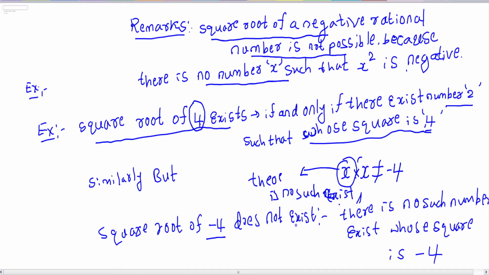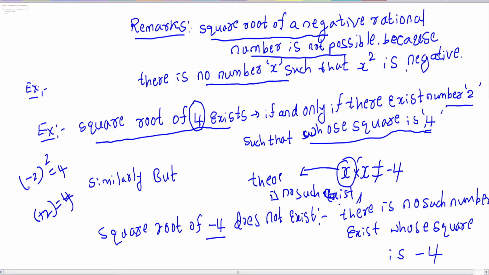Can you understand? Can you imagine a rational number whose square is negative? Never. If you take minus 2, its square is again positive. If you take plus 2, again it is positive.